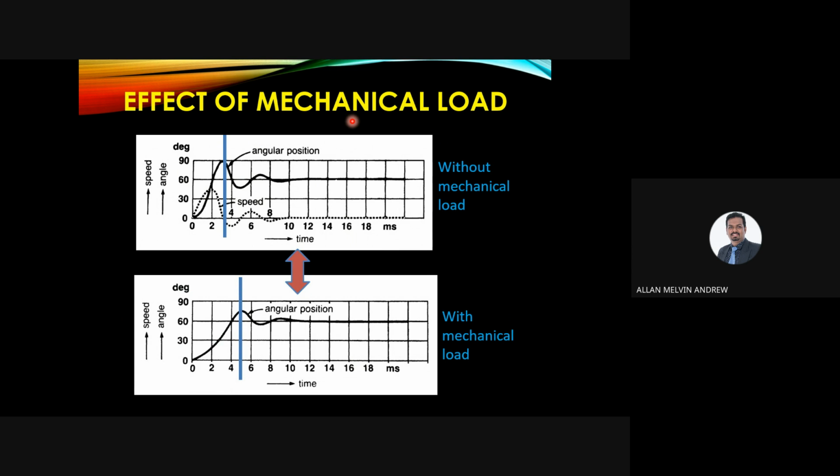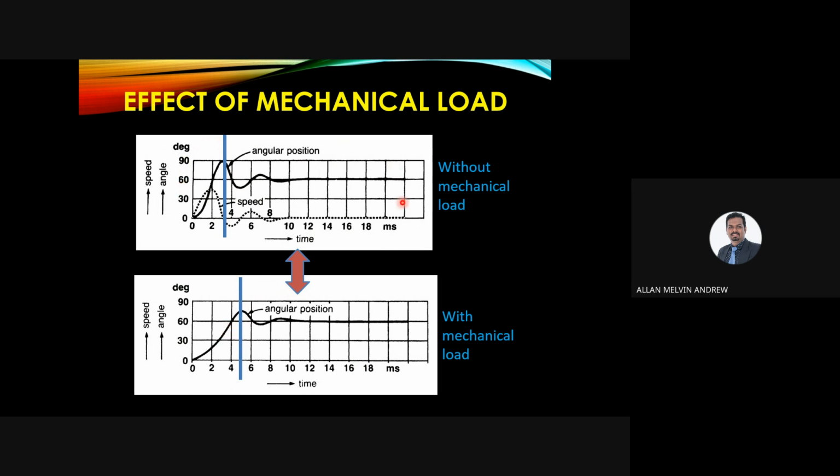Okay, when the car is loaded with passengers, usually the car will be more stable, because it will press down due to gravity. The weight will be more on the car, and the car will be more balanced. So similarly, adding a mechanical load can stabilize the stepper motor.